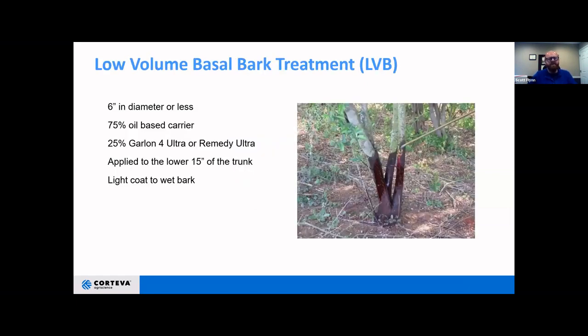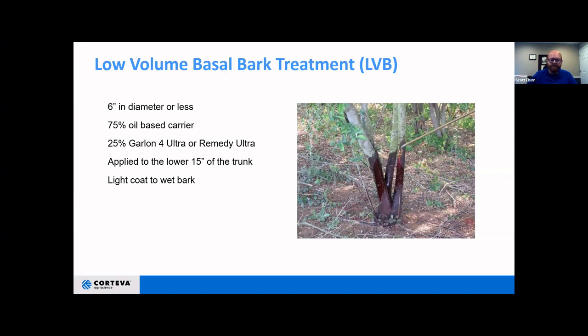So the first one I'm going to talk about is low volume basal bark treatments, and refer to this as LVB. But usually we're looking at trees with 6 inches in diameter or less. Now I'm gonna put in a little note here for you. If you have a tree that has a thick, corky bark, 4 inches in diameter or less is what we're dealing with.